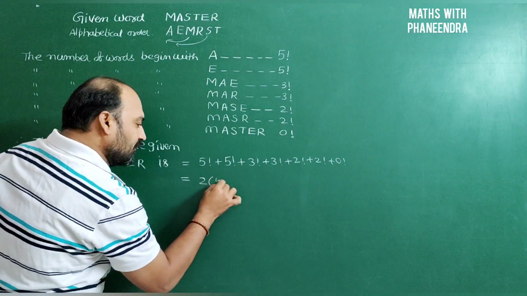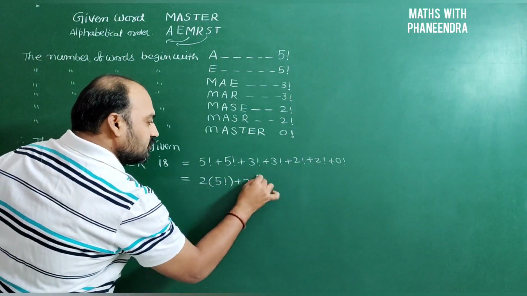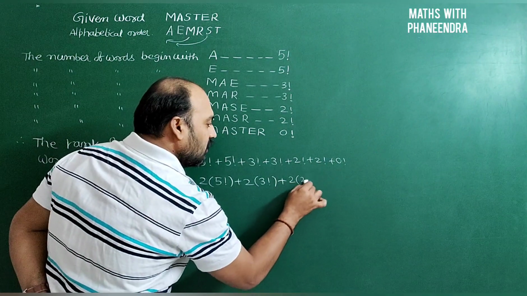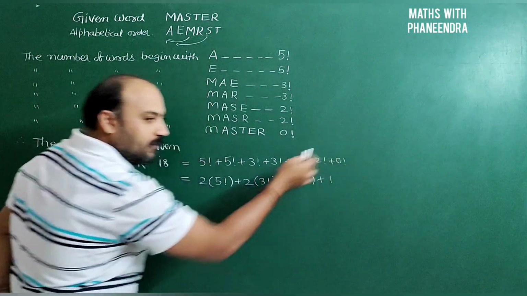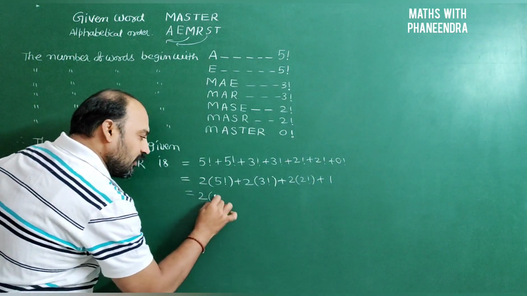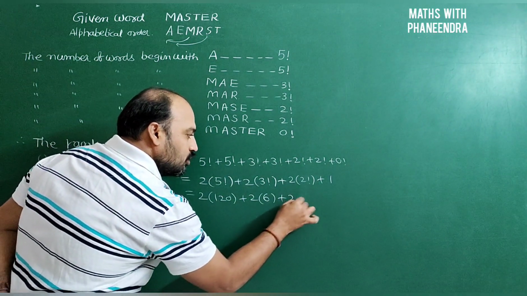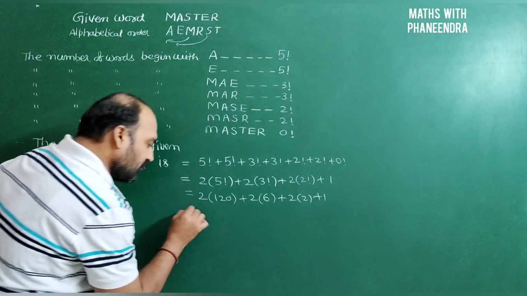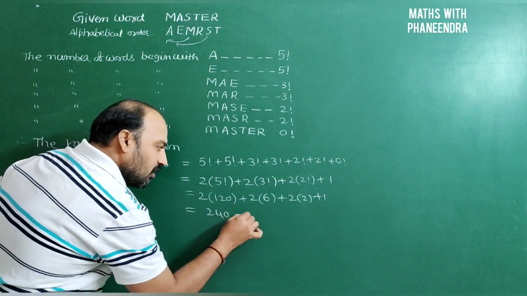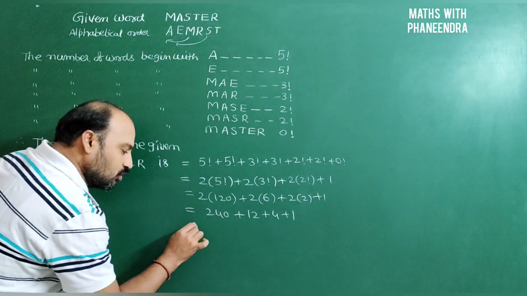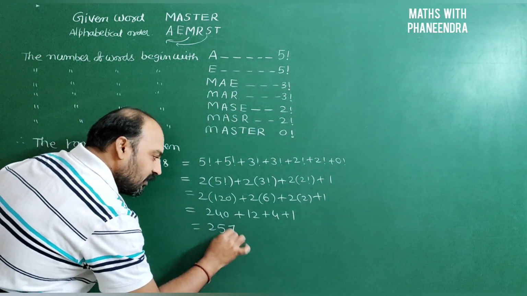So 2 times 5 factorial, 2 times 3 factorial, plus 2 times 2 factorial, plus 0 factorial means 1. So 2 into 5 factorial is 240, 2 into 3 factorial is 12, 2 into 2 factorial is 4, plus 1. So 240 plus 12 plus 4 plus 1, 17 plus 240, 257.